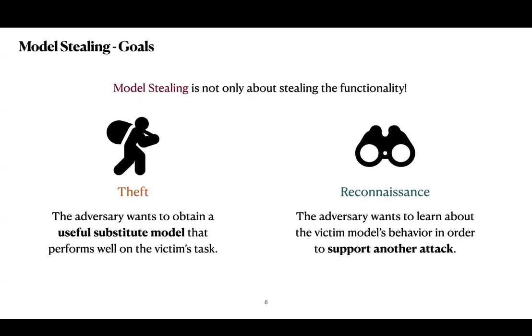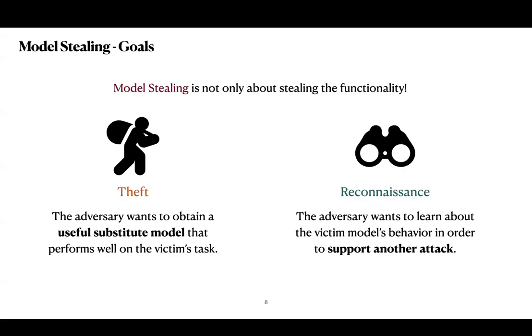Now we move on to the goals. In the case of the adversary, the goal is not always to just steal this model. In the reference I provided in the question sheets, they provide a taxonomy for model stealing, and they mention two major goals for the model stealing adversary. The first one is theft, where the adversary wants to obtain the useful behavior of this model and create a copy of this model for its own.